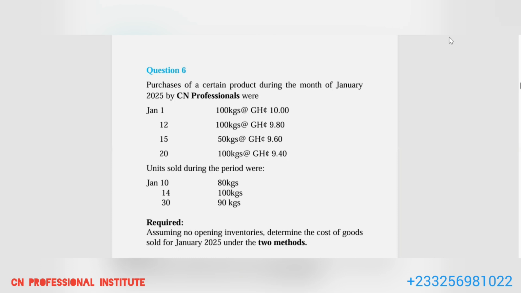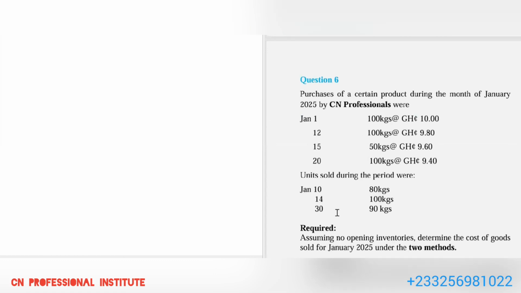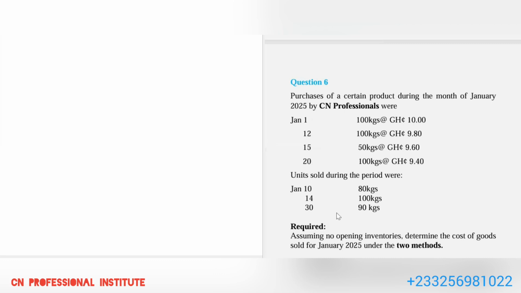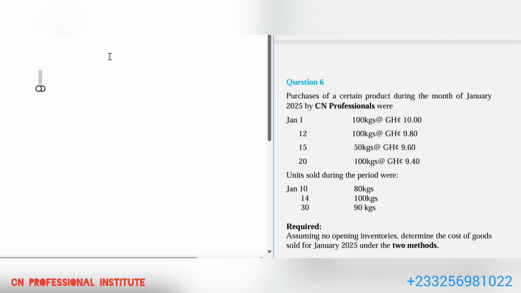Good. So let's start. We are going to display the question on this side, and we split our screen as we've been doing, so that we can really solve more questions. Under the FIFO method, we sell first what we buy first.